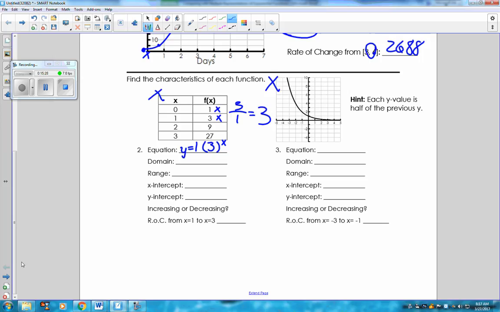Yes. So what's my domain? Oftentimes do exponential functions ever stop? No. So if it never stops, and we're not given context to an exponential function, what would our domain be? Negative infinity to positive infinity.